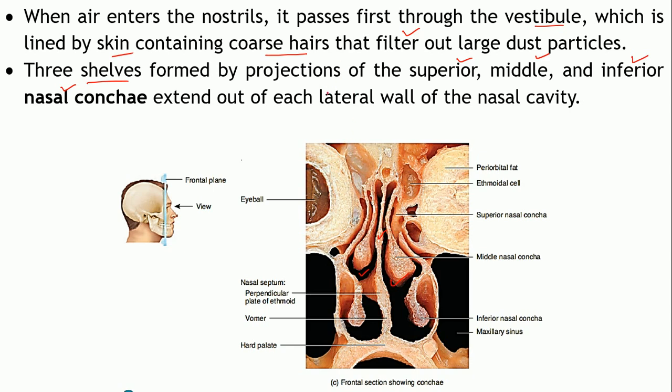There are two on either side: the superior nasal concha, then the middle nasal concha and the inferior nasal concha. Similarly, the structures will be present on the other side also.